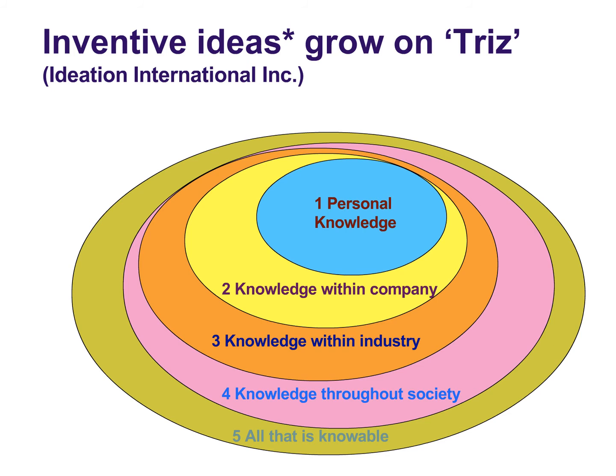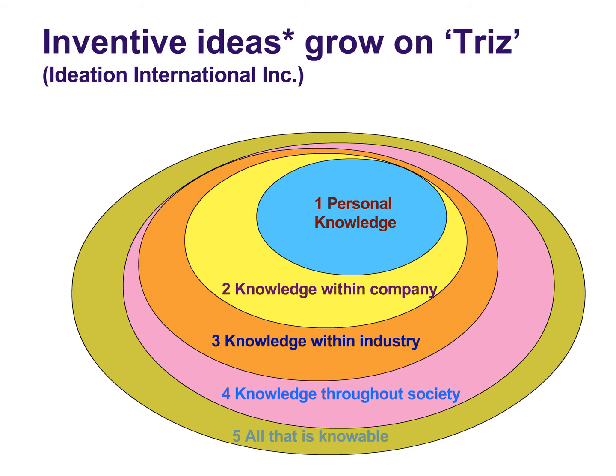Typically, this trees concept considers that an individual has his or her personal knowledge. That's the innermost, the blue color one. Then within a company there are multiple individuals. If we pull every individual's knowledge together, we form the knowledge within the company. That's the yellow one. And if we pull the knowledge of each company across multiple companies within a certain industry, that becomes the knowledge within that industry.